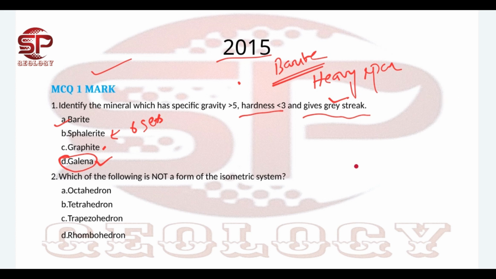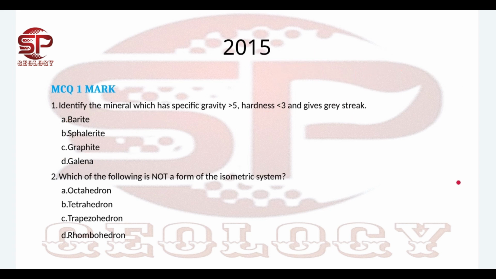Then, which of the following is not a form of the isometric system? The isometric system has 15 forms, and there are 33 non-isometric forms. Octahedron is isometric, tetrahedron is isometric, trapezohedron is isometric. All three are isometric.